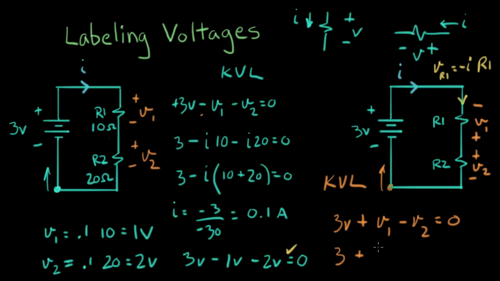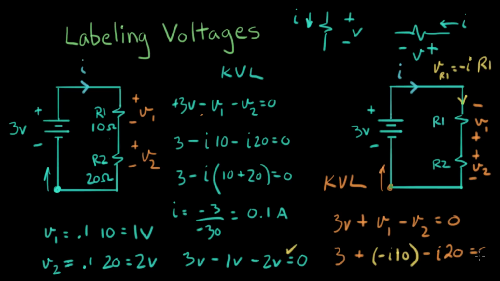So down here, we plug in minus I R1, which is minus I times 10. That's a difference. And then we go through V2, and V2 is the same as it was in the other equation. Minus V2 is I times R2, which is 20.